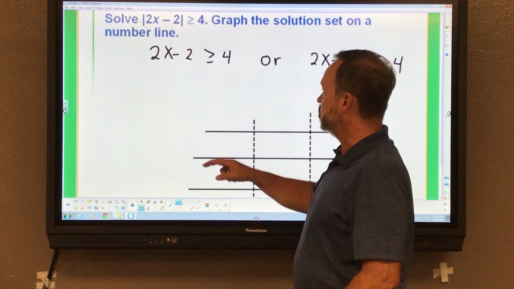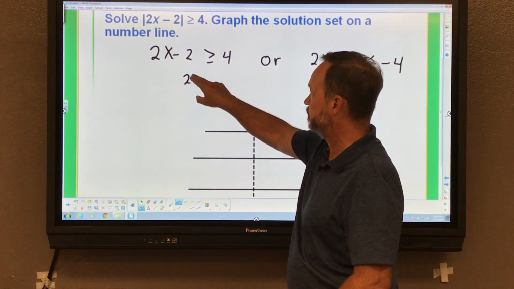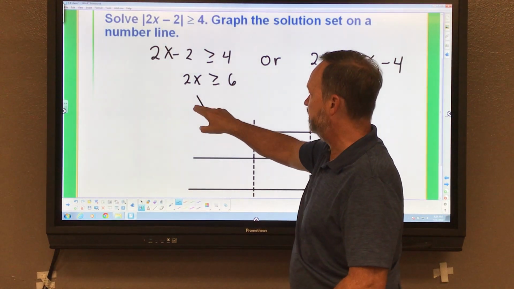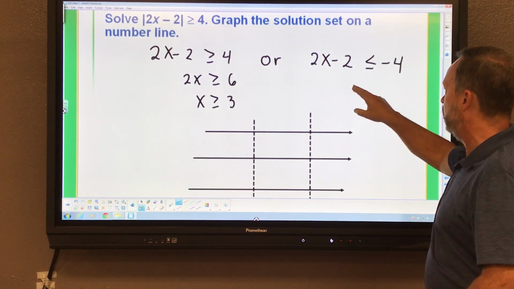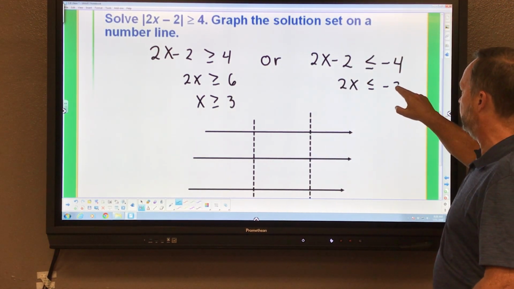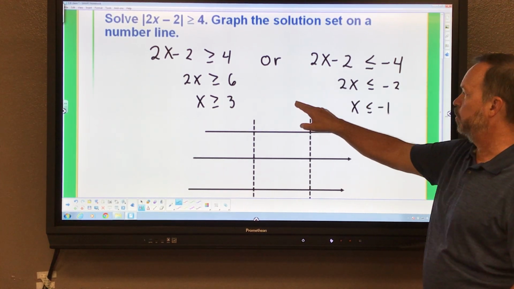Okay? So then solving this, we would take the 2 over, be a +2, and then we would divide. Take the 2 over here, we get a -2, and divide with the word or.